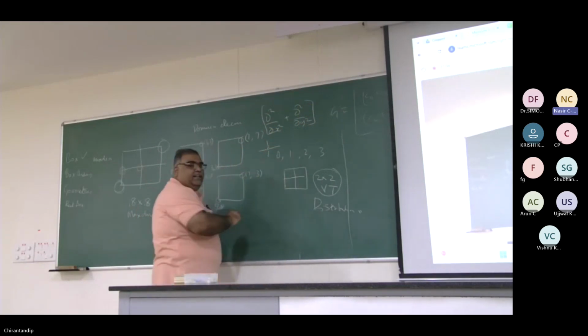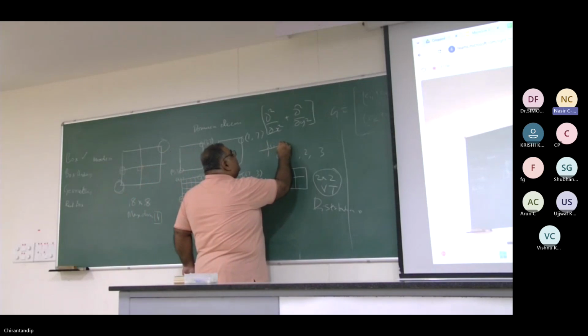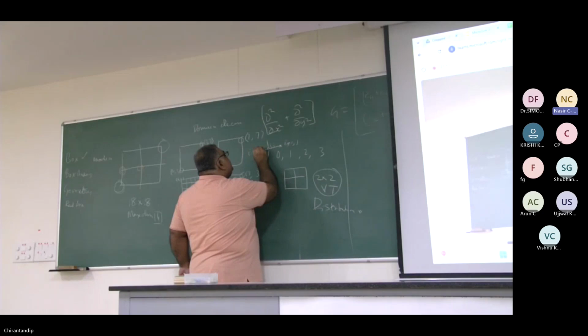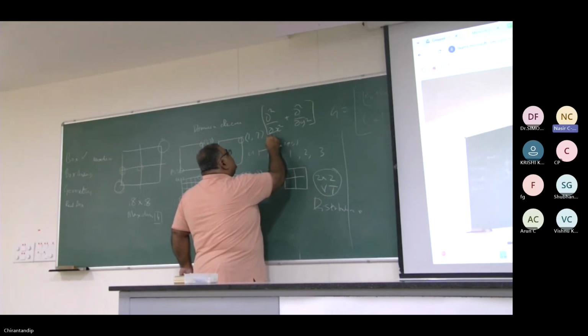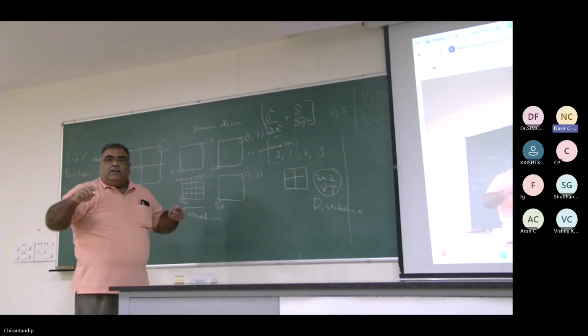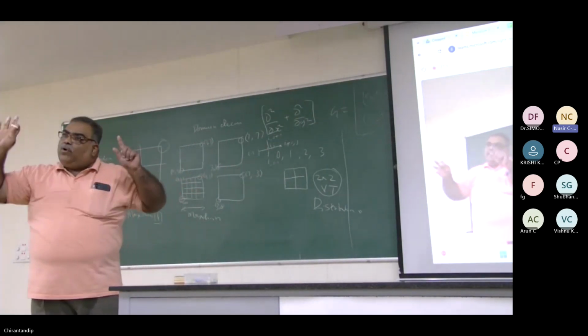If you really use finite difference, this will be the left neighbor, I plus 1 j, I minus 1 j, I j plus 1, I j minus 1. Fine? Do you see it? It goes by the name of 5-point stencil. The point and its 4 neighbors.